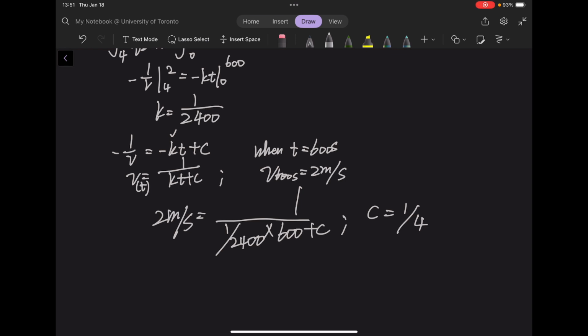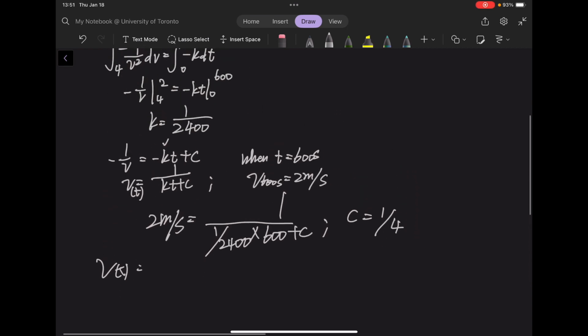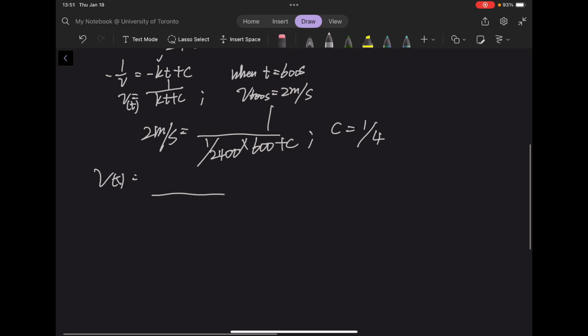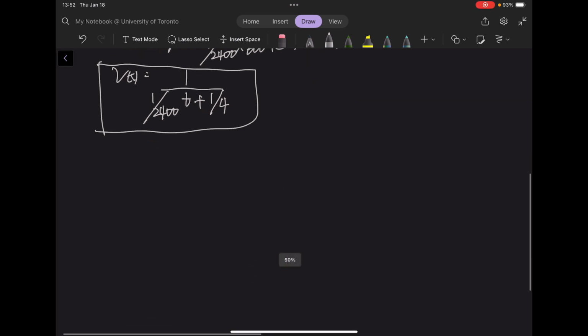After we got these two constants, we will have v of t is equal to 1 over (t over 2,400 plus 1/4). That is the general form of velocity.